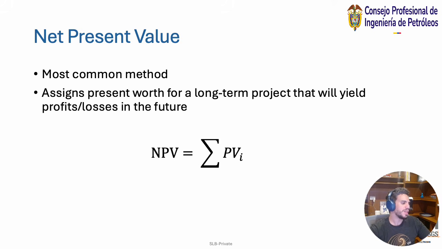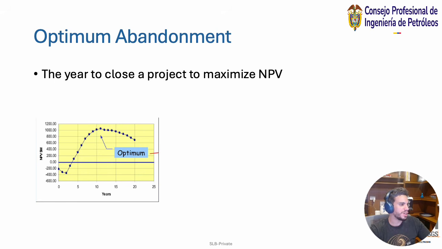And why do we get net present value? Well, it tells us a lot, because when we see in this visual the optimum abandonment, for example, when do we plug and abandon our wells, or when do we stop our project, is money driven. It's economically driven, right? So in this case, looking at the NPVs over whatever years, you can see there's this optimal point where it starts to decrease again, right?